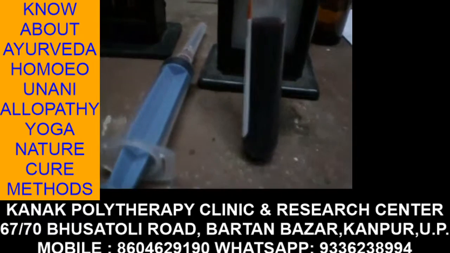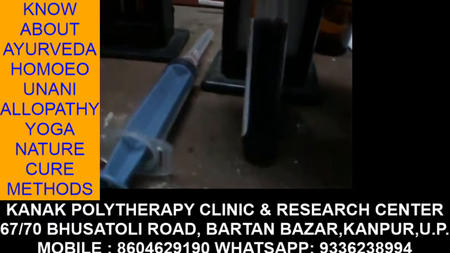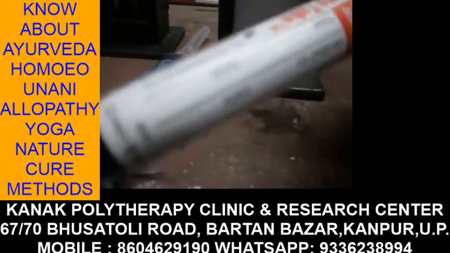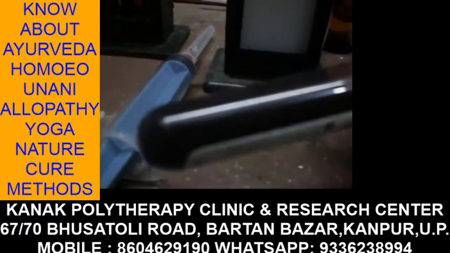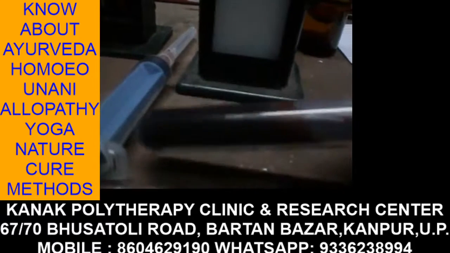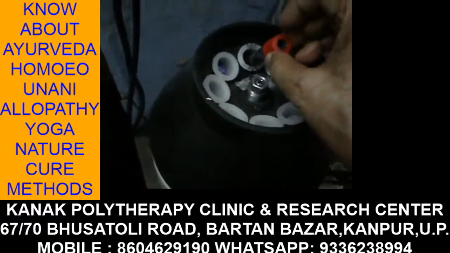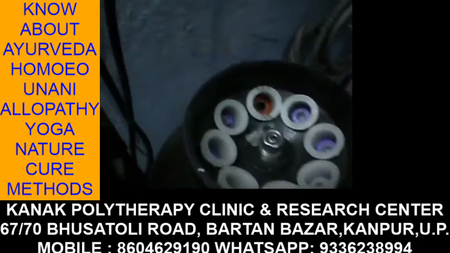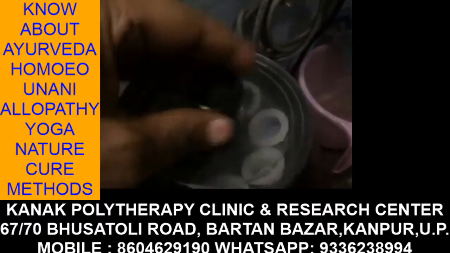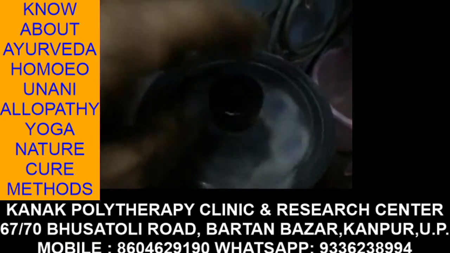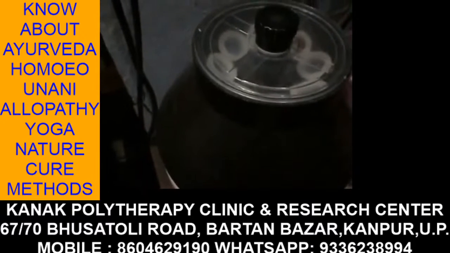The blood is drawn after venipuncture and is kept in this container for centrifuge, and how the blood is centrifuging in the centrifugal machine. This is the centrifugal machine. Now the blood is kept here and it is covered. Switch is on and now it is centrifuging.